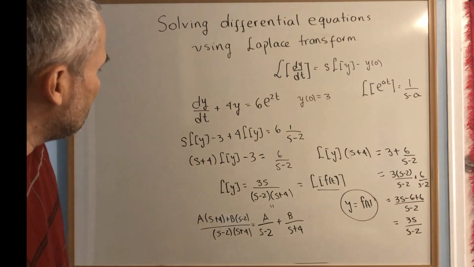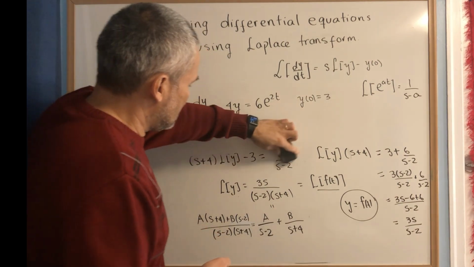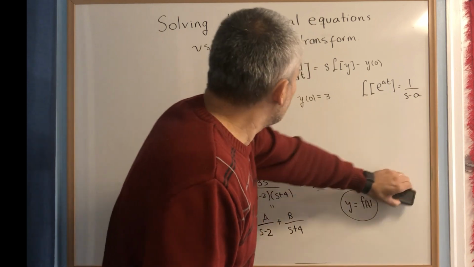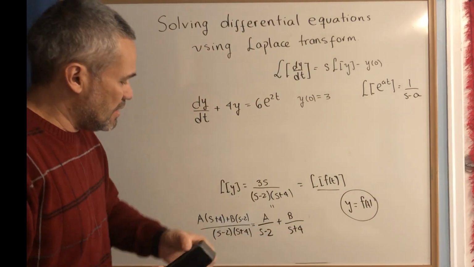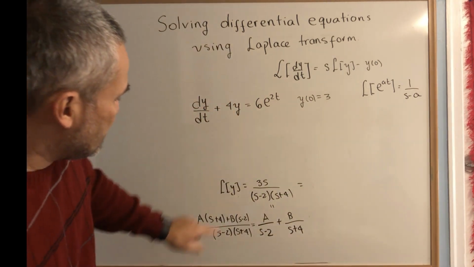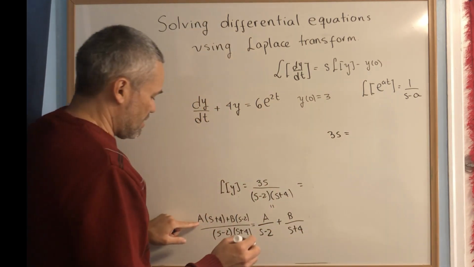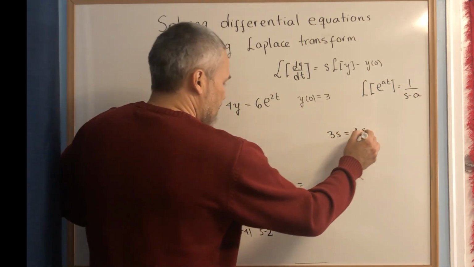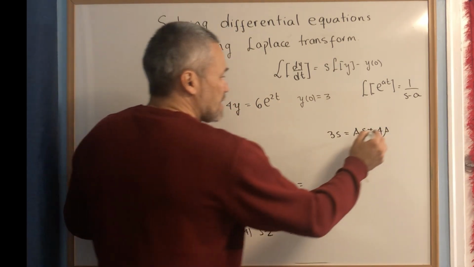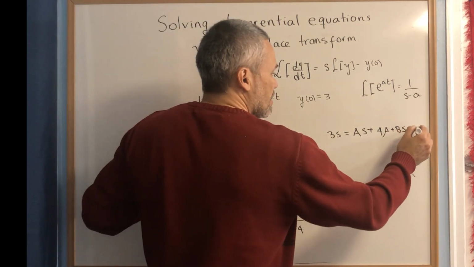Let me erase this part here, and then we can compare this numerator 3s with as plus 4a plus bs minus 2b.